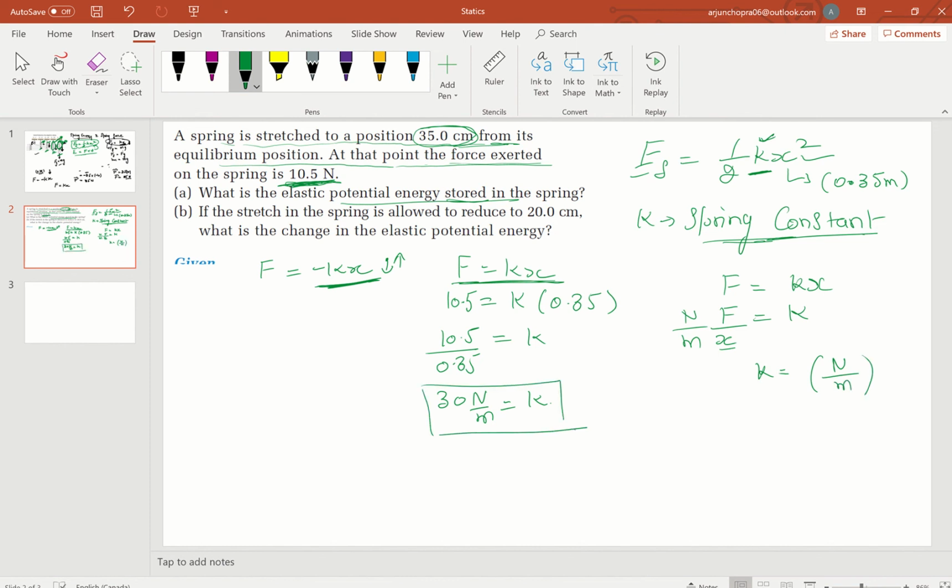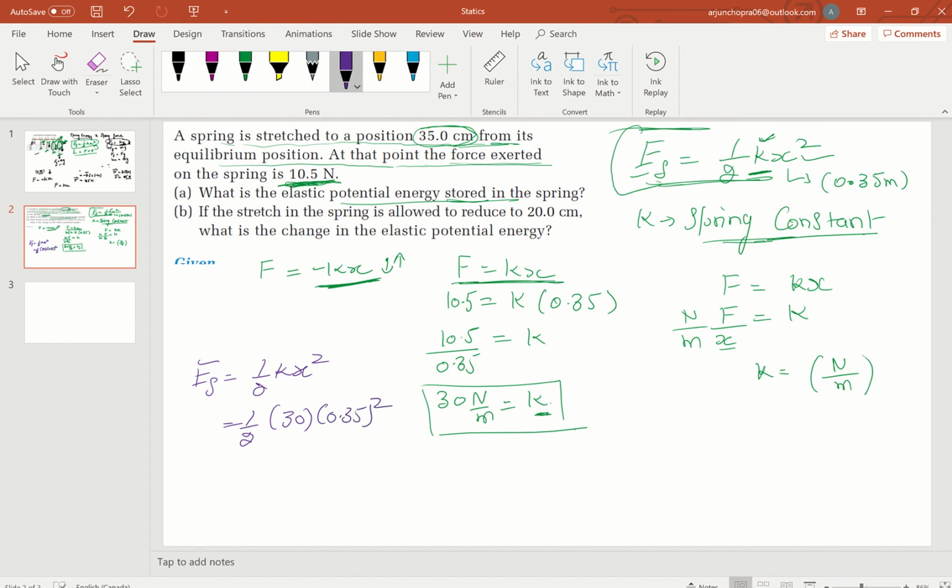Now what we wanted to do is find the elastic potential energy. So I'm going to put this value back in the equation, Es equal to half kx squared. So this is equal to half times the k value, which is 30, and the x value, 0.35, squared.